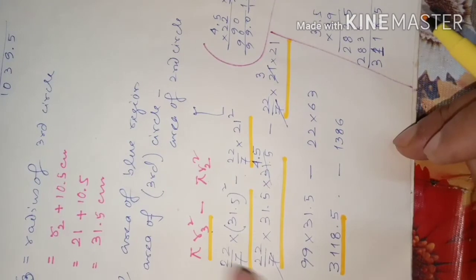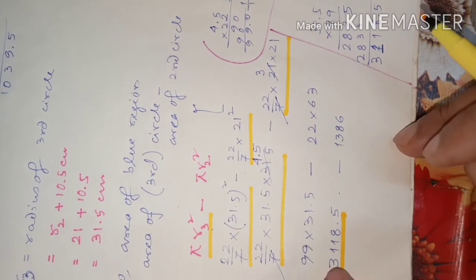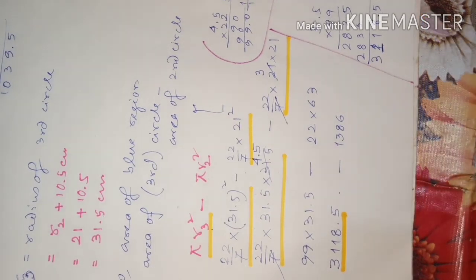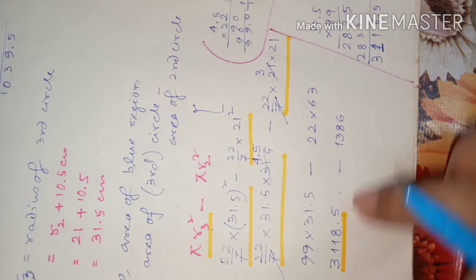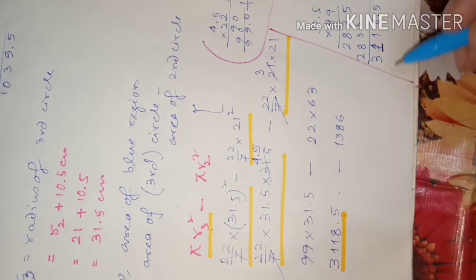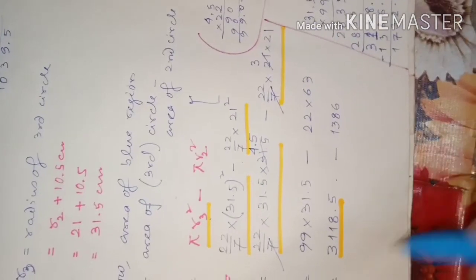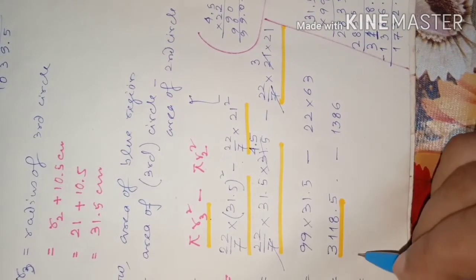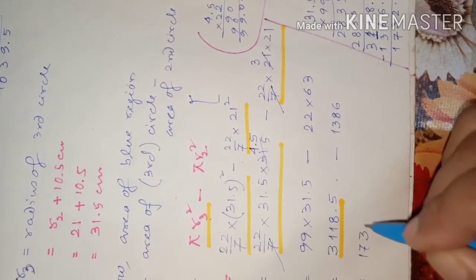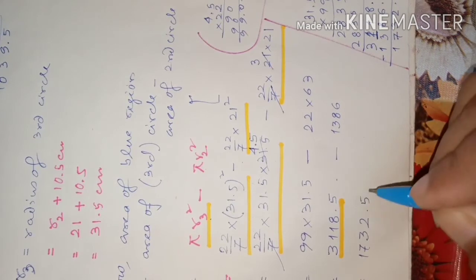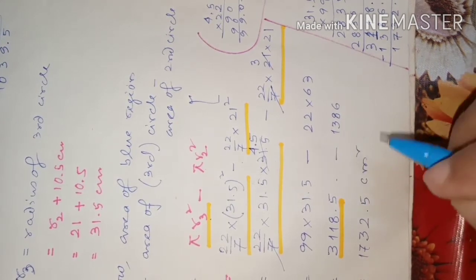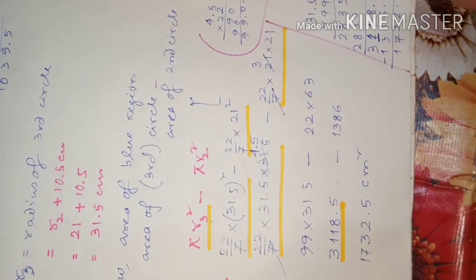Next time when third circle's area is required, you can use this number directly, because for the next region this circle's area will be required again. So now let us subtract. The difference is 1732.5 centimeter square. So this is the area of blue region.